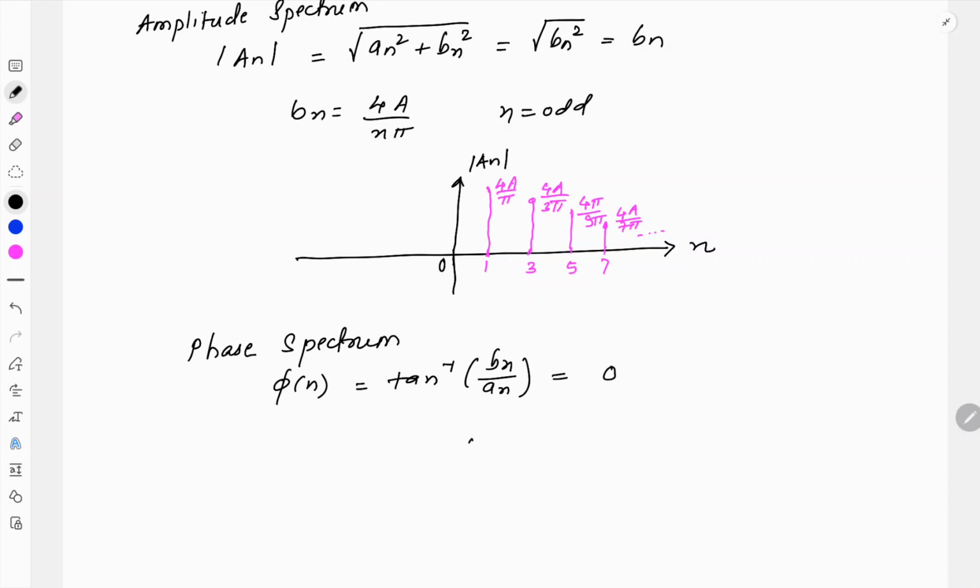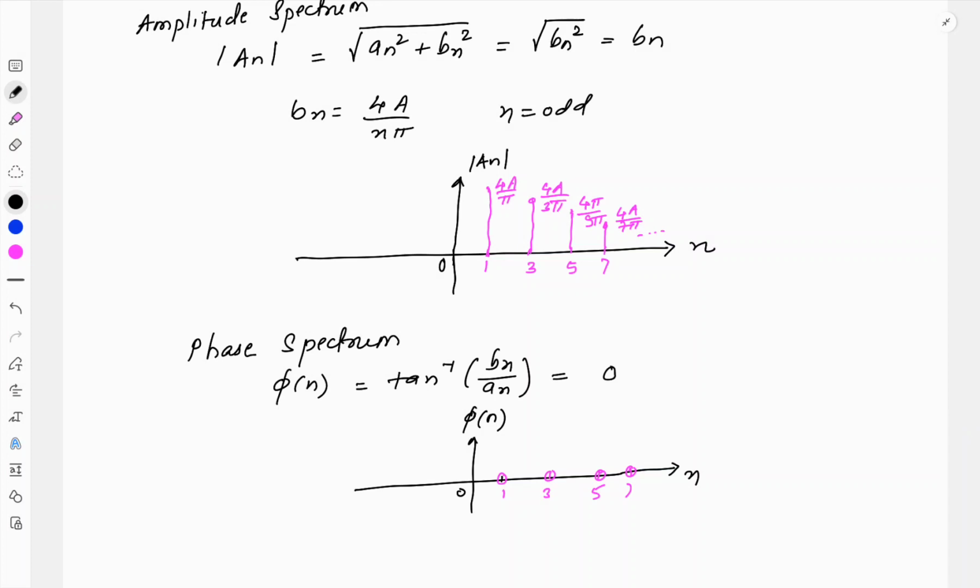Therefore, we only need to draw an axis, and at odd values we need to show it with 0 magnitude. So here this axis is n, and here it is phi of n, or we can represent it as angle also. In this way we can find the amplitude spectrum and phase spectrum in case of Fourier series.